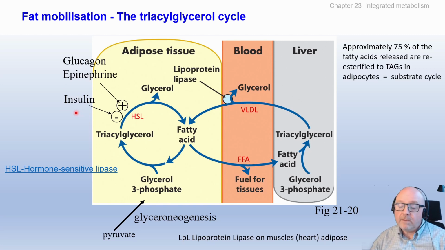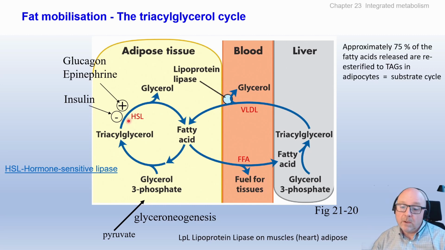So when you have a lot of blood glucose, insulin signaling will be high, will shut down the release of fatty acids because your body can now use glucose and store. Lipids are a better store of energy, right?